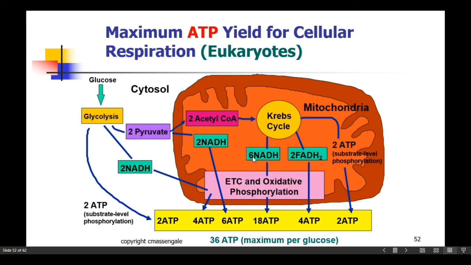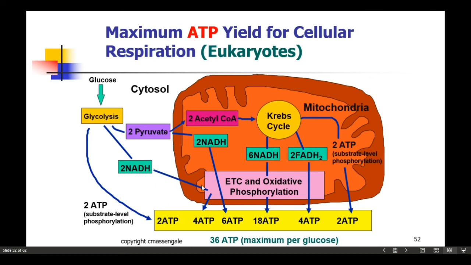And again, these 6 NADH molecules are equivalent to 18 molecules of ATP, and 2 FADH2 molecules are equivalent to 4 ATP molecules. Now, these 2 NADH molecules coming from glycolysis are also going to enter the mitochondrion. Upon entering the mitochondrion, there is an expenditure of 2 ATP molecules. 1 ATP is spent for 1 NADH molecule.